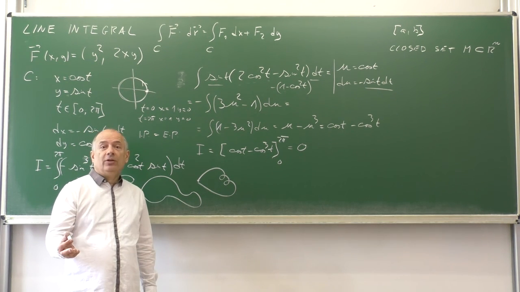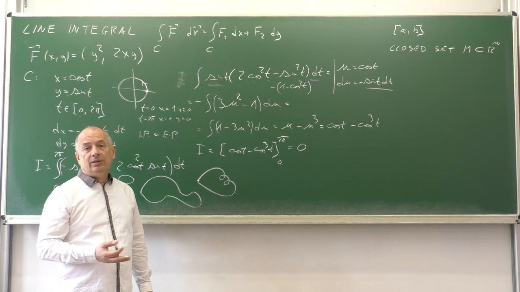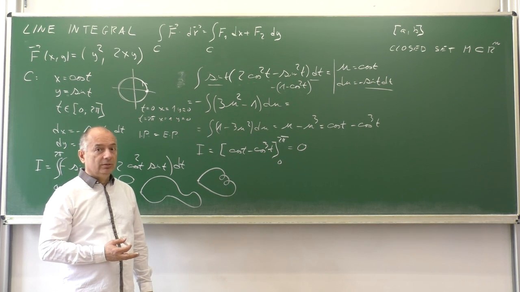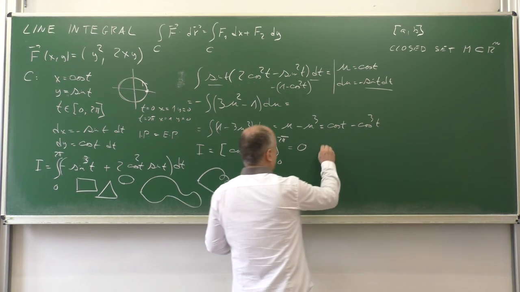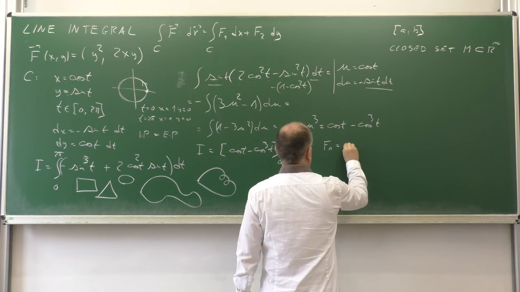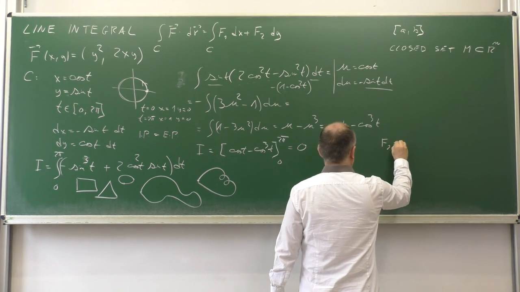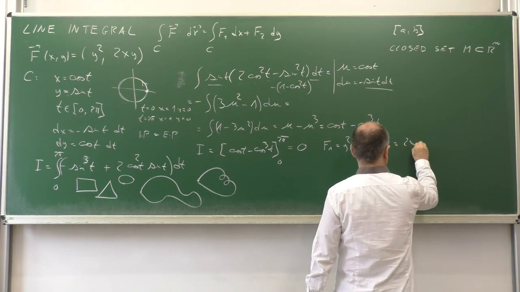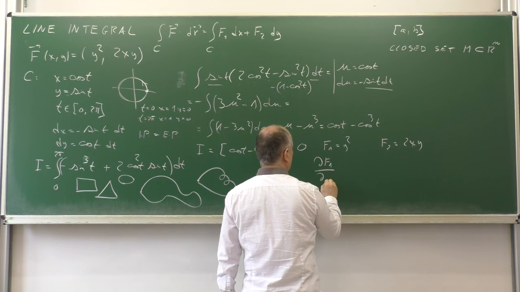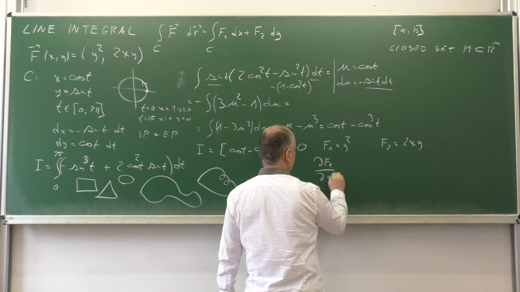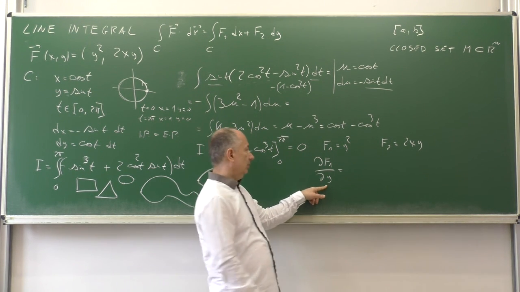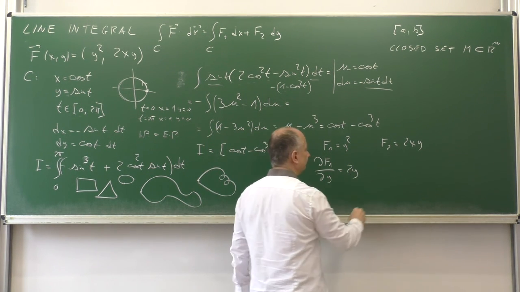Well, we have a condition, a signal that the vector field is conservative, that means it has potential. We consider the 2 components of the field, F1 being y squared and F2 being 2xy. And then we compute nothing more than these 2 partial derivatives: the first component with respect to the second variable, which happens to be 2y.